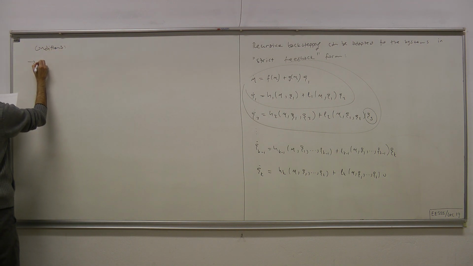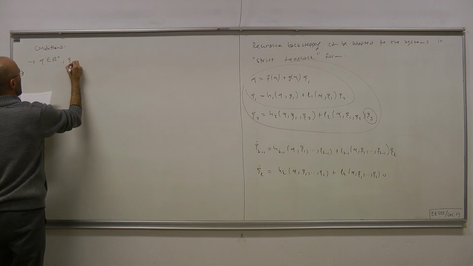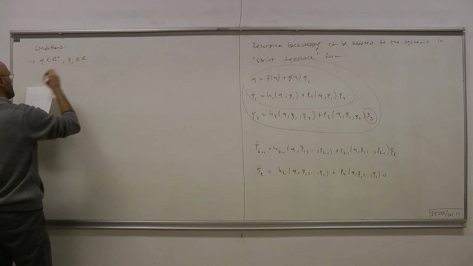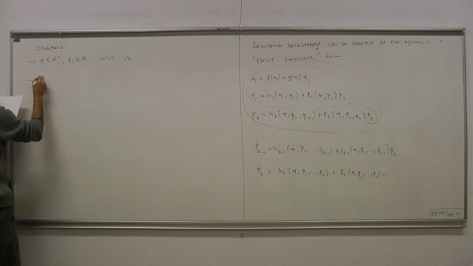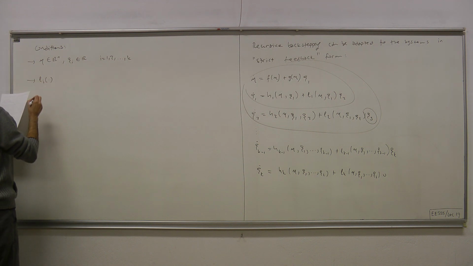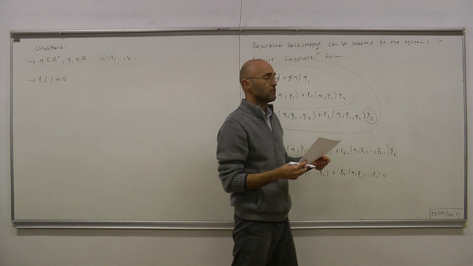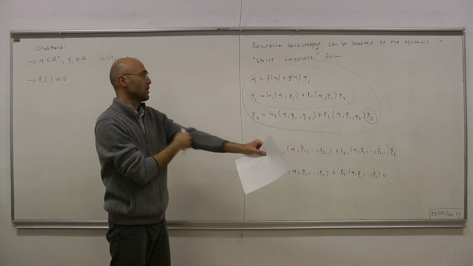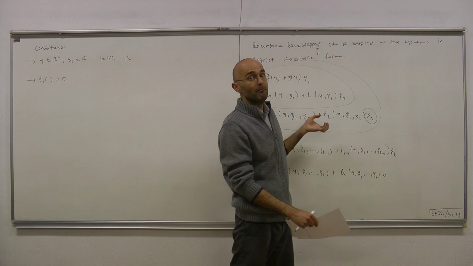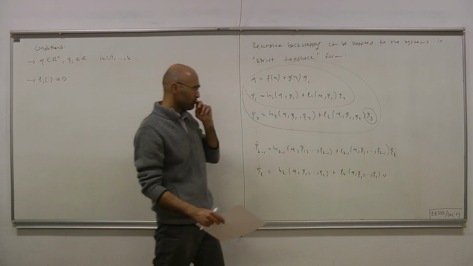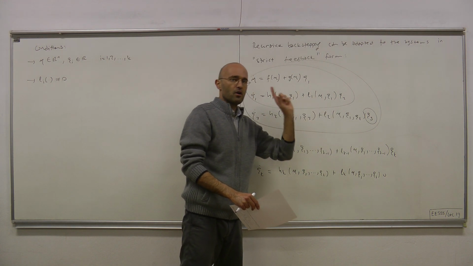The conditions that we require to be able to do that, let's list them also. Conditions are: eta is in Rn, psi i are all scalars, i equals 1, 2, up to k. The L i functions are always different from 0, regardless of their arguments, because eventually we may need to divide things by that. In the examples that we considered, the h's were 0 and the l's were constant, they were 1.